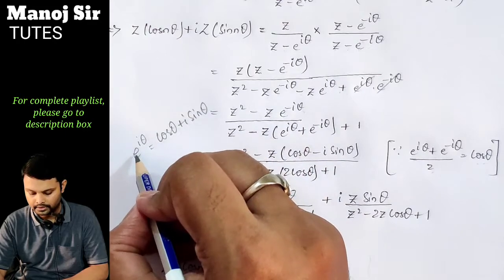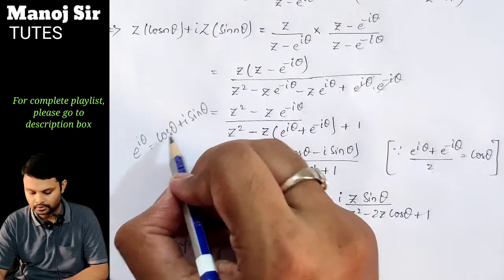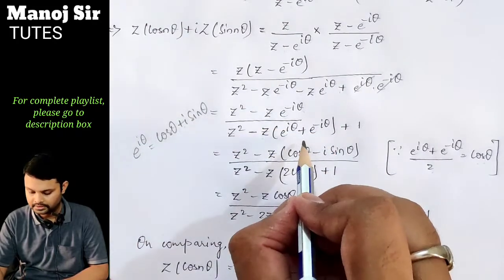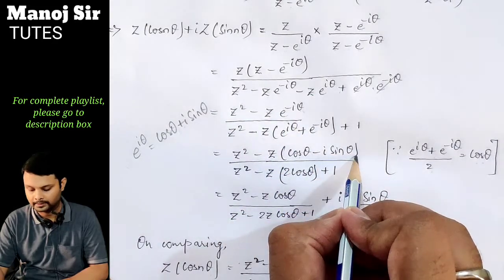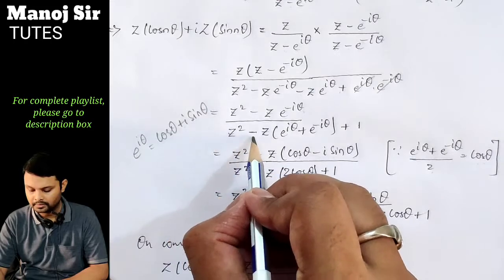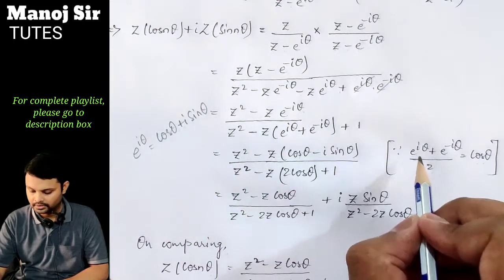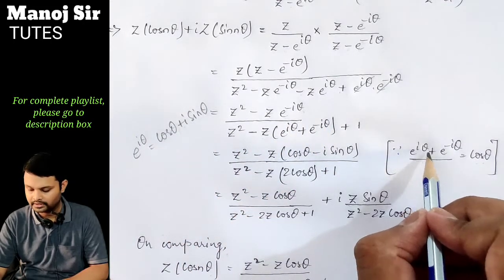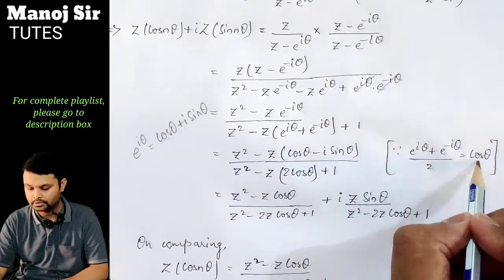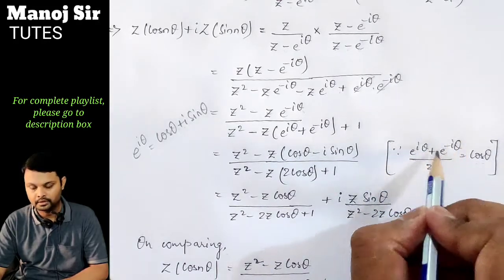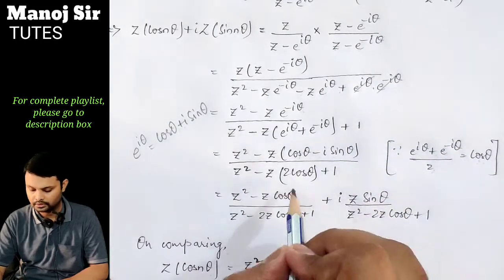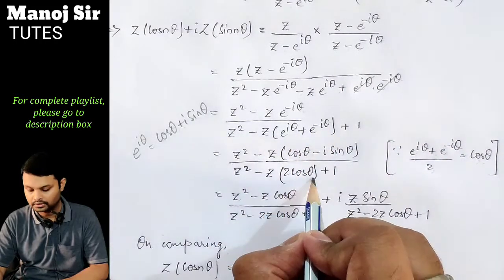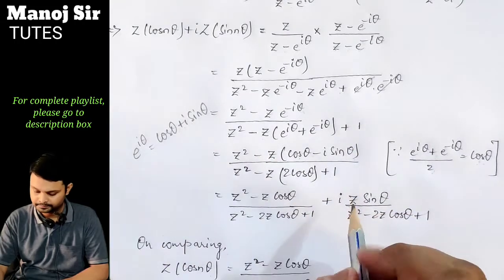If you take e to the power minus iθ, then this is going to be cos θ − i sin θ. Upon z² − z into, what is this? You must be aware of this formula: (e^(iθ) + e^(−iθ)) upon 2 equals cos θ. But here we are taking numerator part, that is e^(iθ) + e^(−iθ) equals 2 cos θ. So in place of this we can write 2 cos θ, plus 1 is as it is.